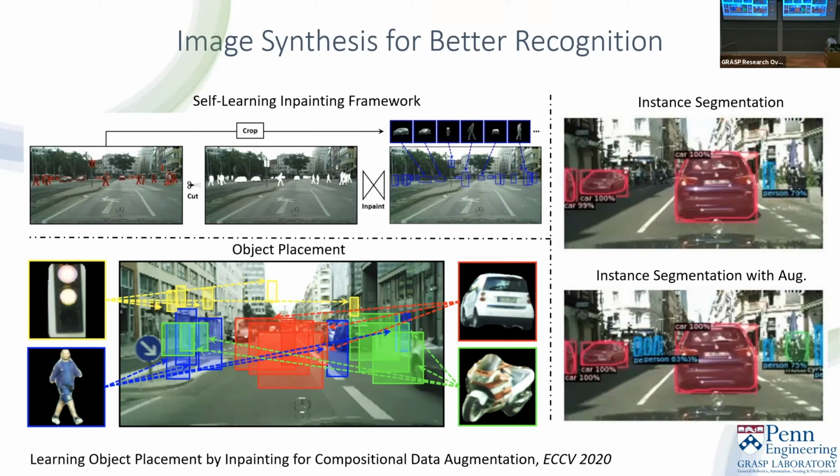This process allows us to automatically generate lots of pairs between the objects and the clean background, and we also know the pseudo ground truths of where the objects were supposedly in the background scene. By having this self-learning framework, we're able to learn object placements and do lots of data augmentation.